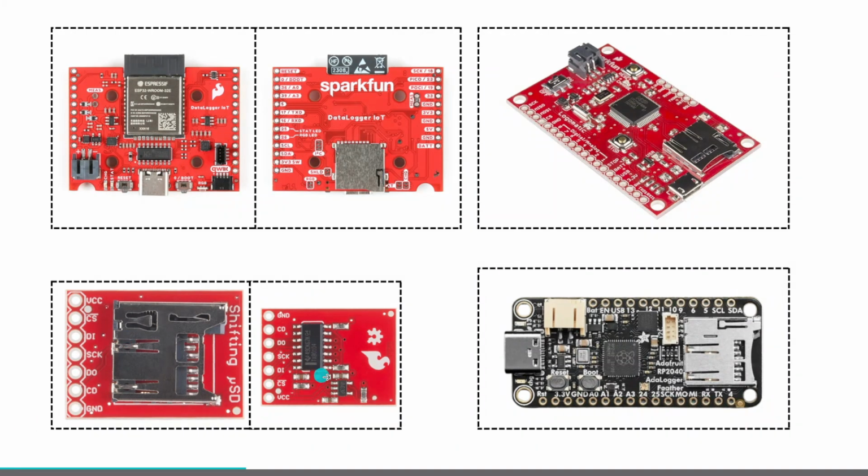And here you have this logic level shifter. We'll be talking more about why this has been here in the next video. And also we have something from Adafruit, where you can see it's a Raspberry Pi RP2040 chipset which is being interfaced with a micro SD card. So all these hardwares can be used to log details.